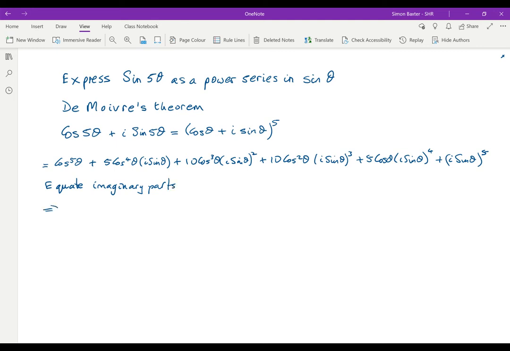If we do that, we get sine 5 theta. The first one is here, 5 cos to the power 4 theta sine theta. The I indicates it's the imaginary part.